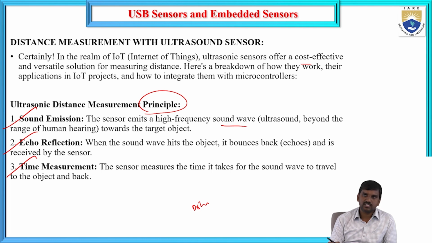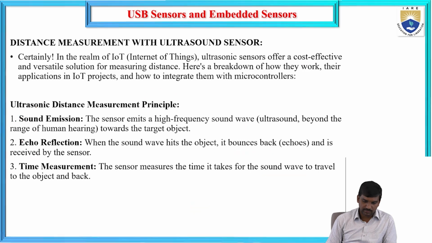When the sound wave hits the object, it bounces back and is received by the sensor. Time measurement: the sensor measures the time it takes for the sound wave to travel to the object and back. So these are the three principles of ultrasonic distance measurement: sound emission, echo reflection, and time measurement.